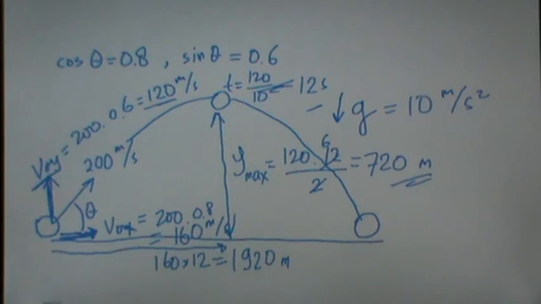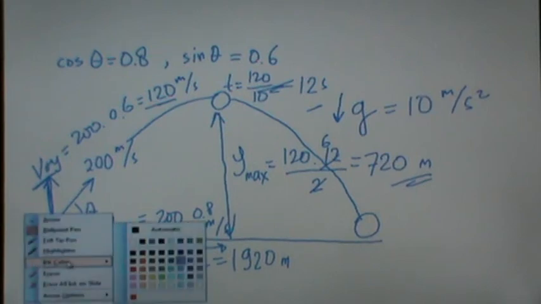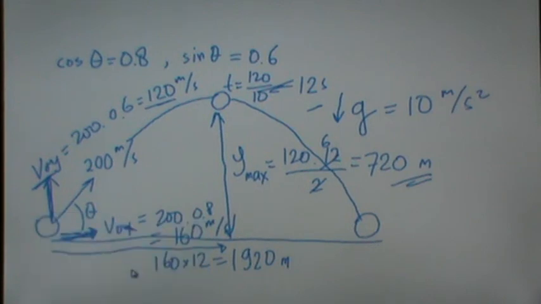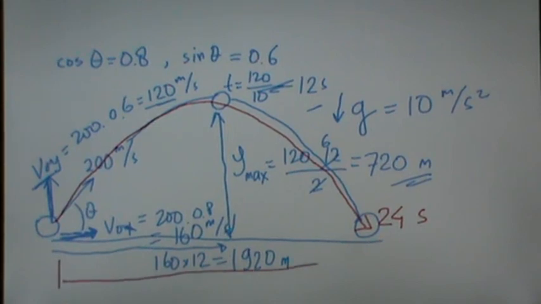Now we can find for the maximum position here, the time needed for the maximum point here will be 24 seconds. Therefore, the distance to the maximum position here will be twice than this distance, and it will be 3,840 meters.